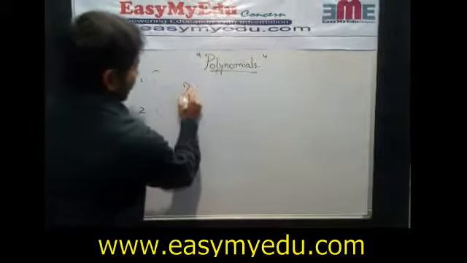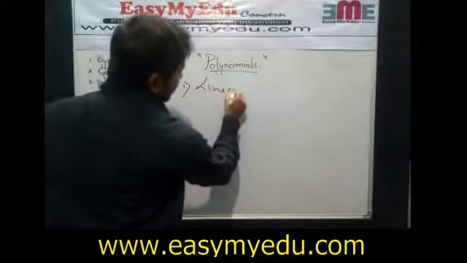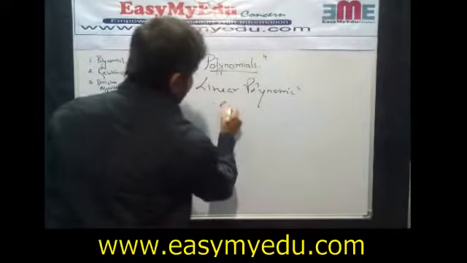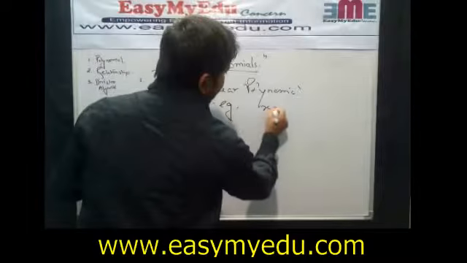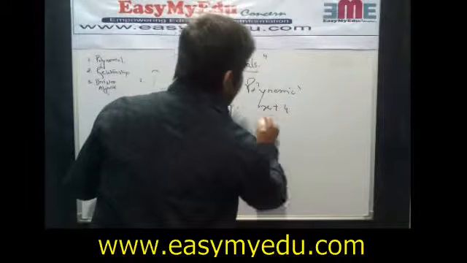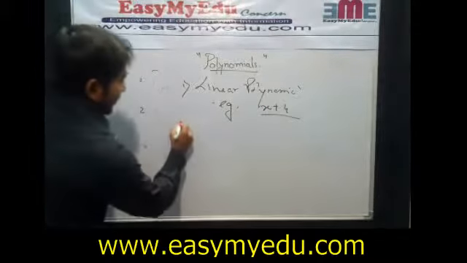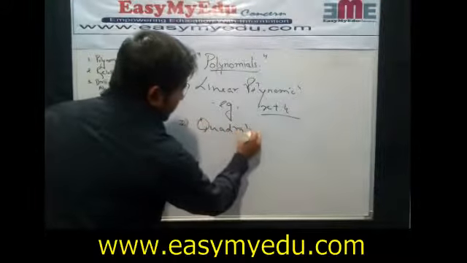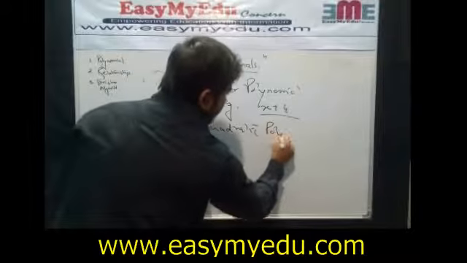Number one is linear polynomials. An example is x plus 4, which is a linear polynomial. Number two, quadratic polynomials.